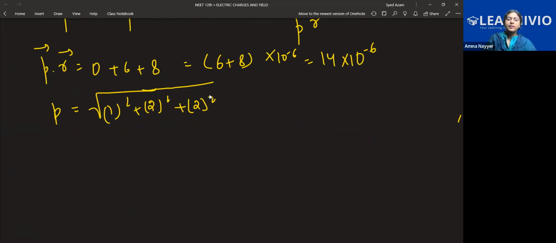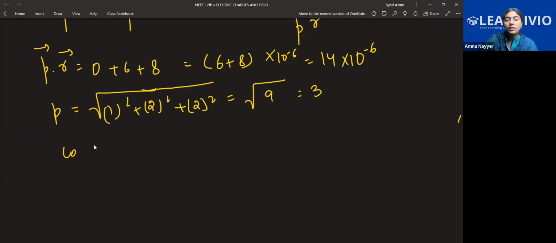This is giving you the magnitude of the vector, because you require the magnitude right now. So this will be 1 plus 4 plus 4, that is 9. So this is root 9, which is equal to 3.